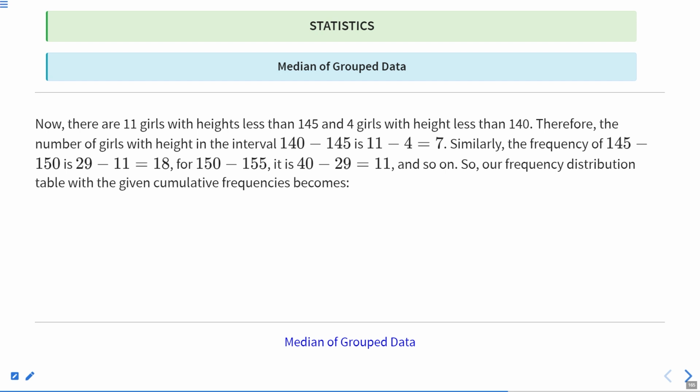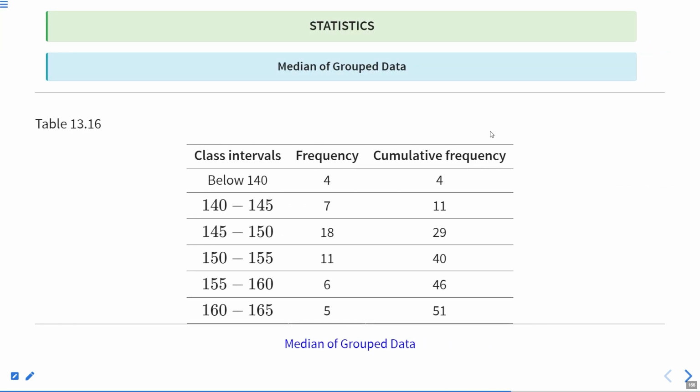So our frequency distribution table with the given cumulative frequencies becomes this table 13.16. For class interval below 140, frequency is 4, cumulative frequency is 4. For 140 to 145, frequency is 7, cumulative frequency is 11.